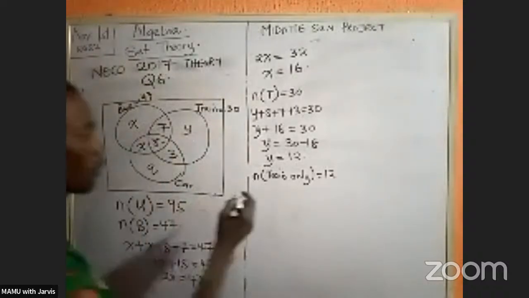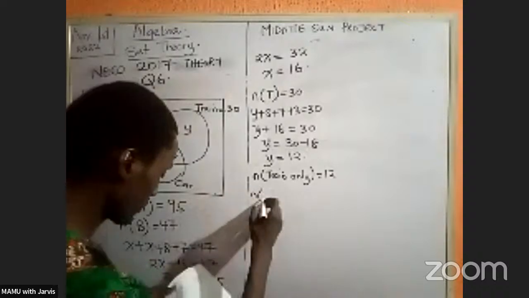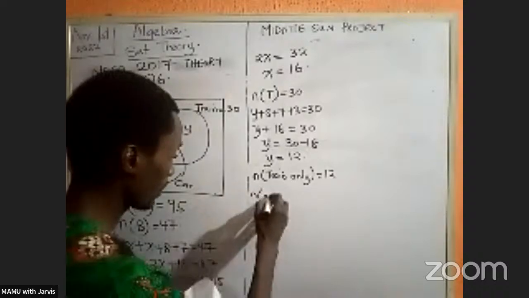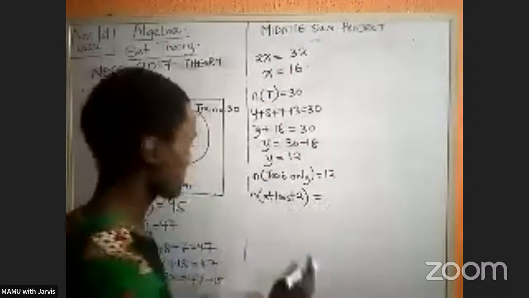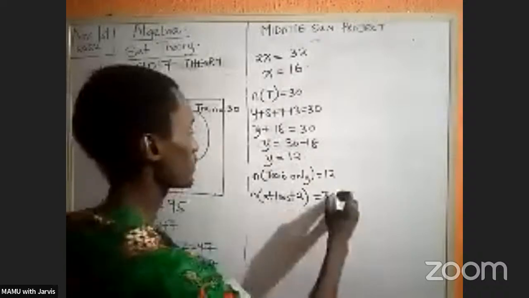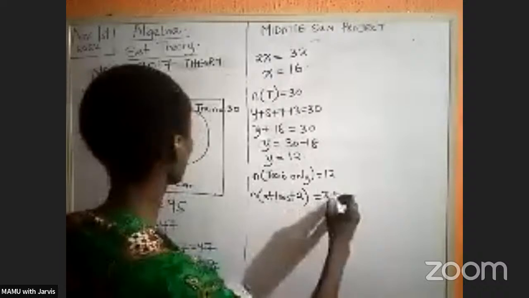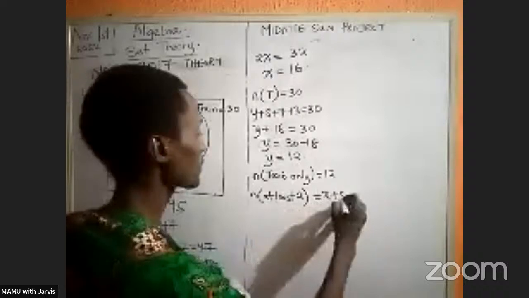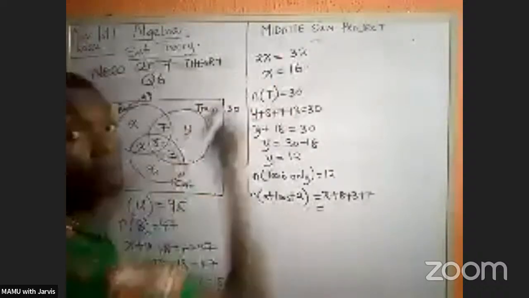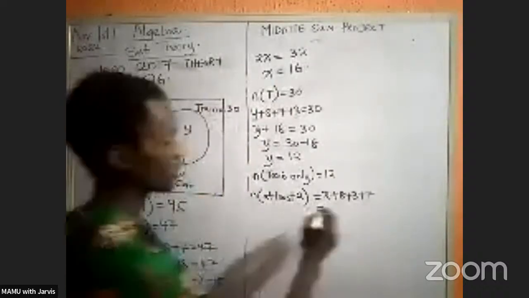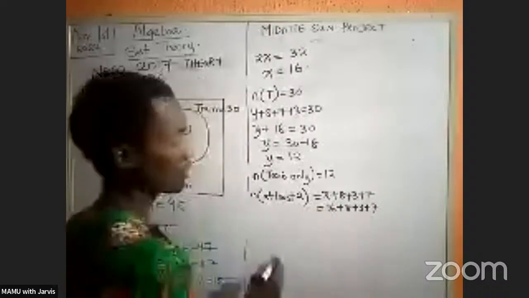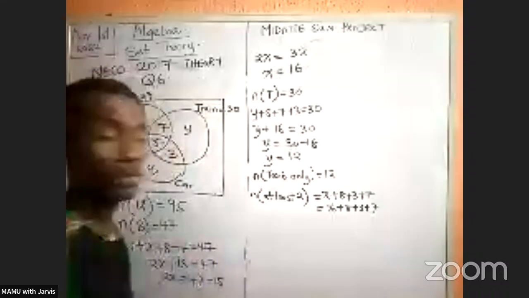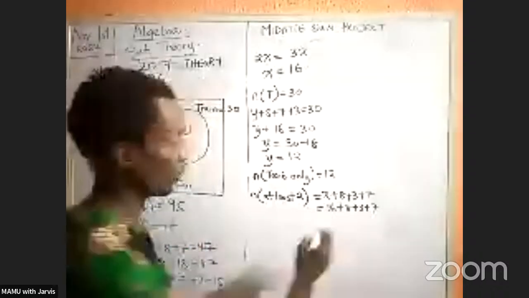So that will be X plus 8 plus 3 plus 7. Remember that x is 16. So that'll be 16 plus 8 plus 3 plus 7. So 16 plus 8 is 24. 24 plus 10 is 34.